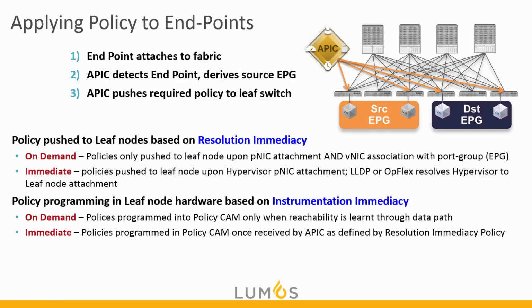But we do need to learn from vCenter that the VM has been associated to a particular port group. Then, when it would be pushed to instrumentation, or the ALE ASIC, if we set it to on demand, it would be programmed into the CAM table when reachability was learnt through the data path. So this is actually when we see traffic from the virtual machine.